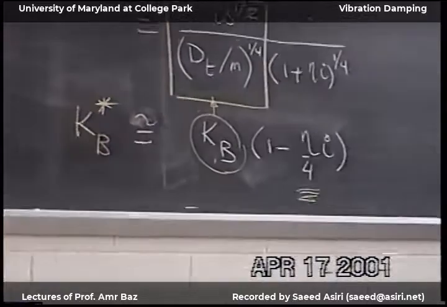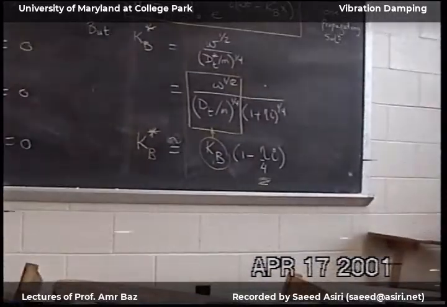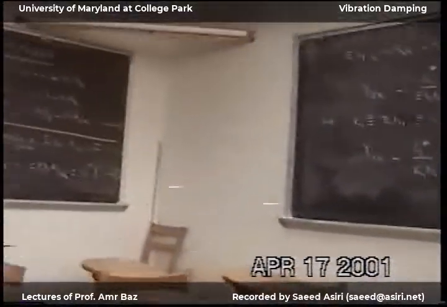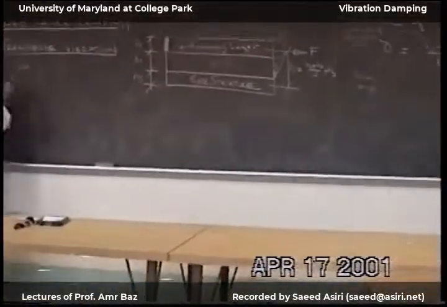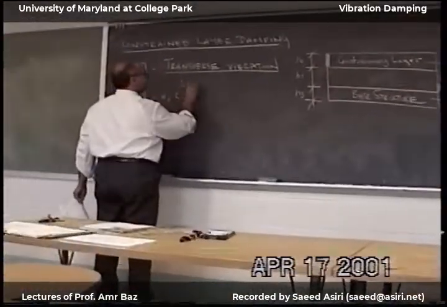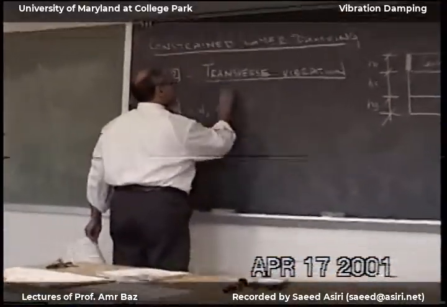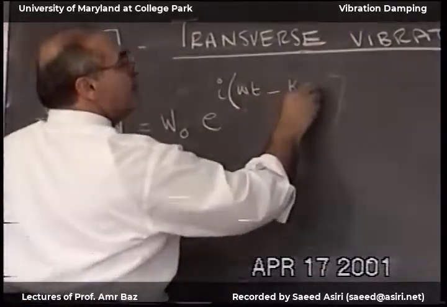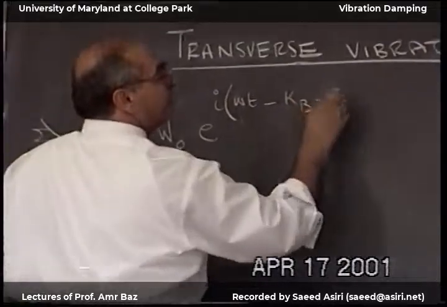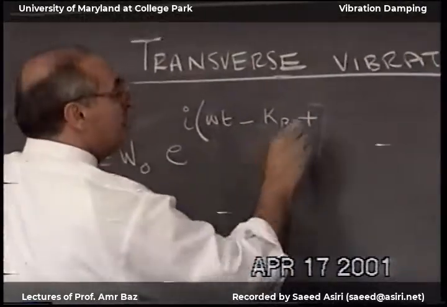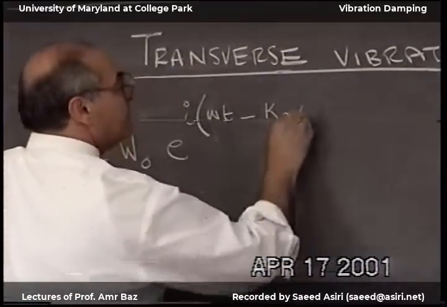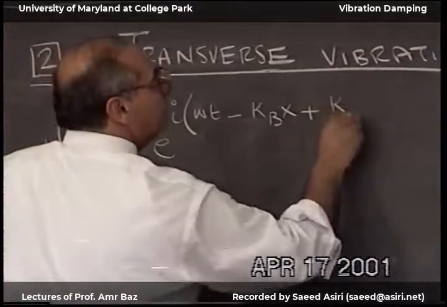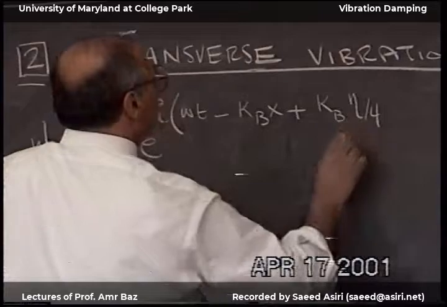Then now W will equal to W0 e to the I omega t, and then minus what we have here, which will be minus k b x plus k b eta over 4 and I.